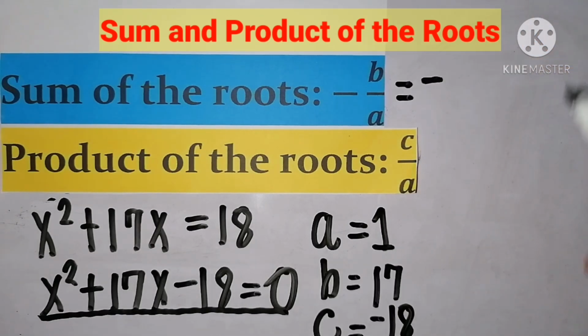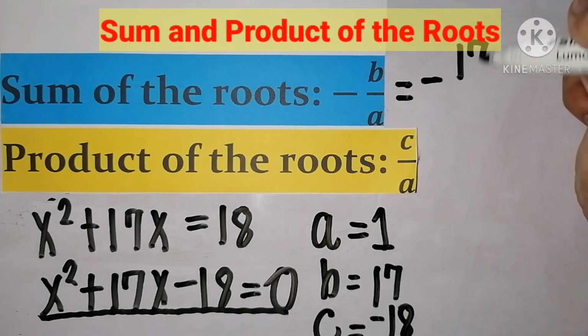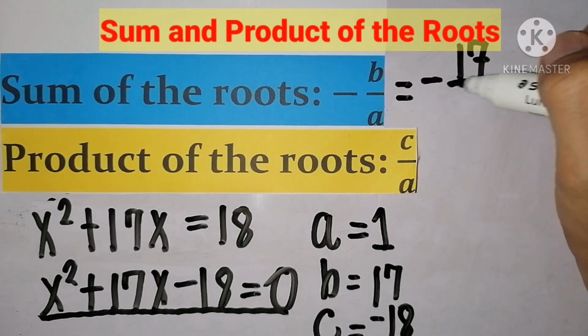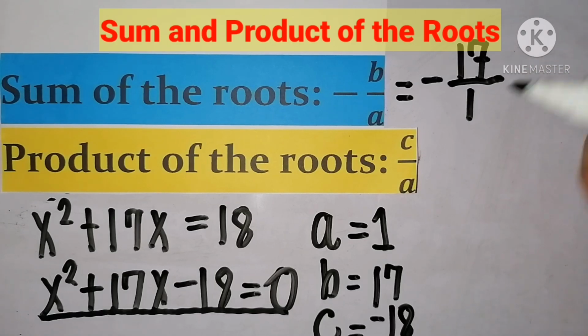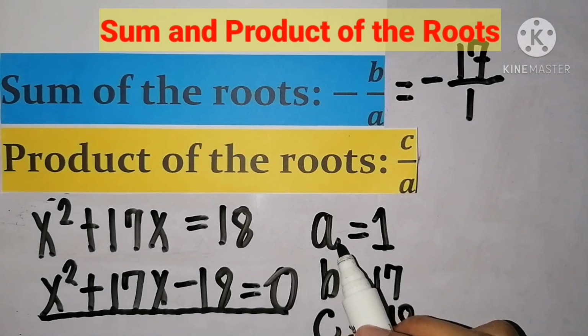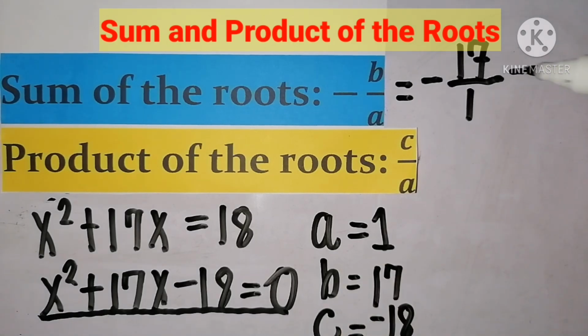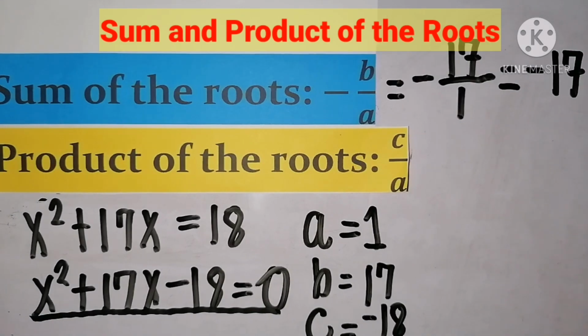Then what is the given value of b? That is 17. So you have 17 over 1 because the value of a is equivalent to 1. So we have negative 17 over 1, which is equivalent to negative 17. This is now the sum of the roots.